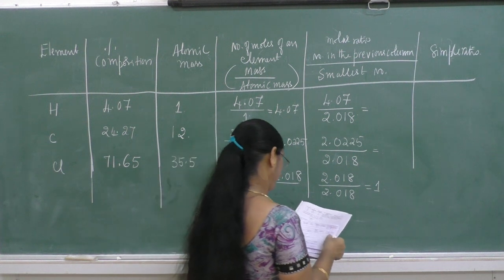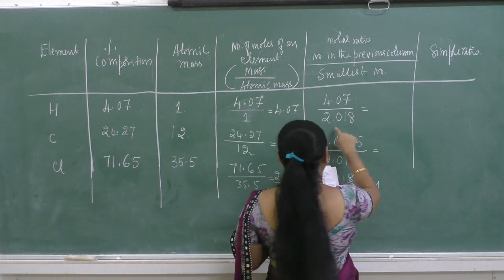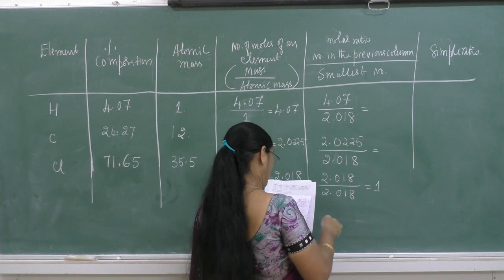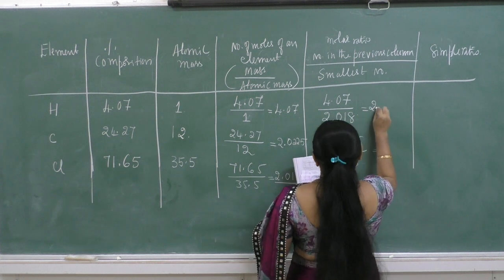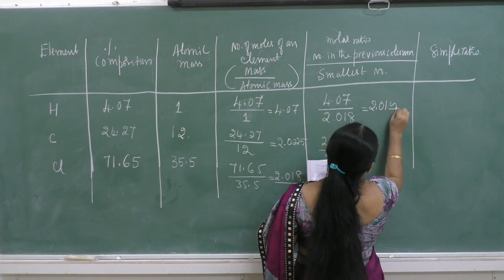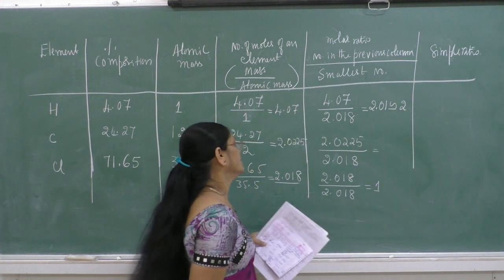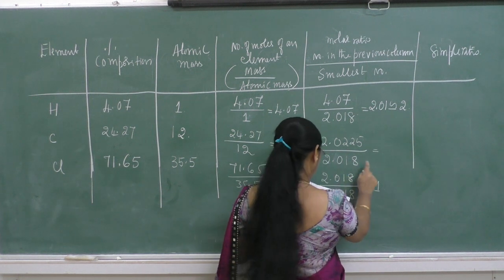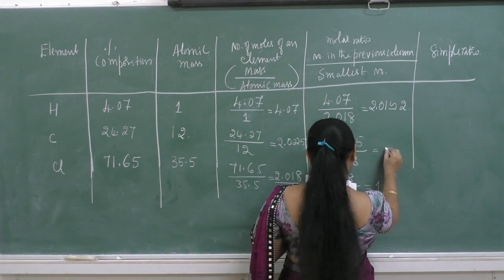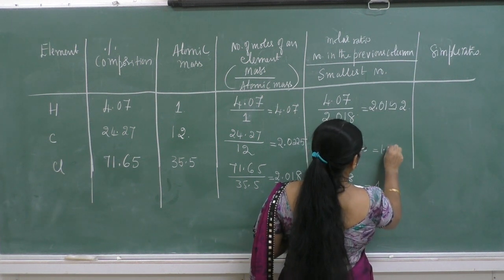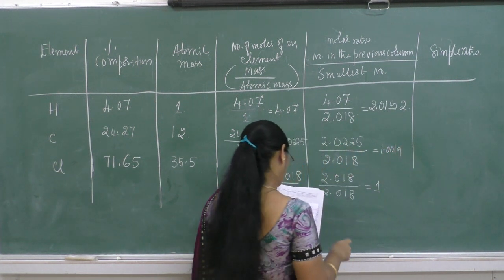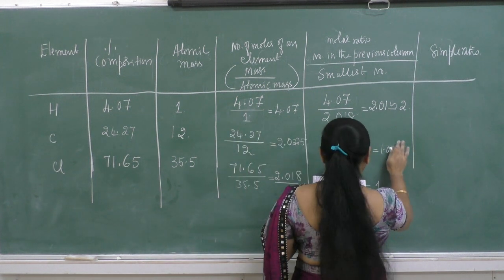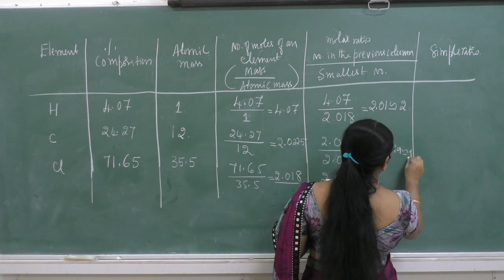So 4.07 divided by 2.018 is equal to 2.01, which is approximately equal to 2. Then 2.0225 divided by 2.018 is equal to 1.0019, which is approximately equal to 1.